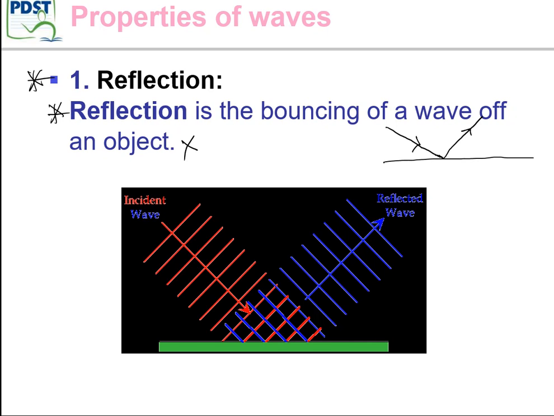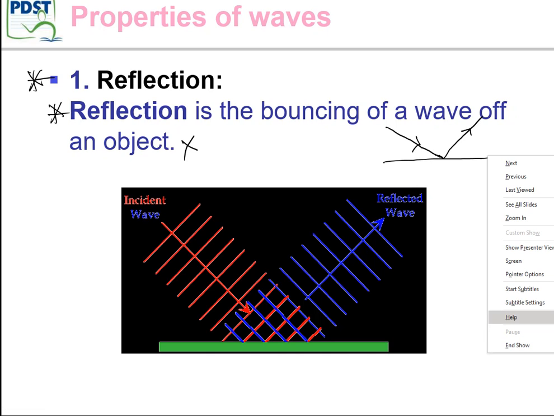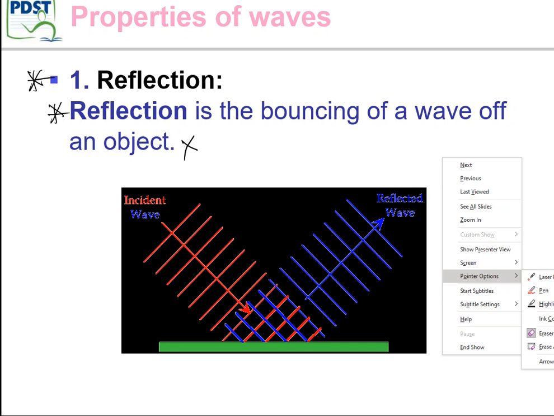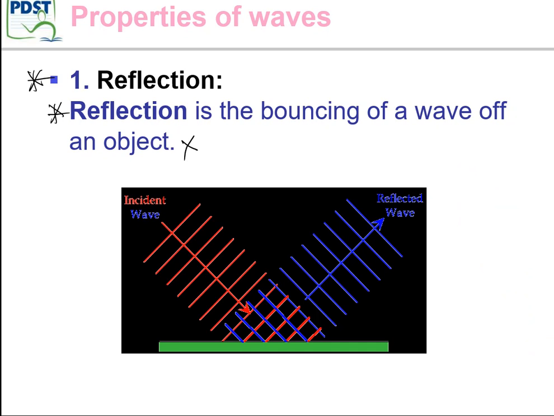Now, normally when presenting waves, we use what we call ray diagrams. So I'll show you what a ray diagram is. Let me just get rid of this one. If you talk about a water wave, let's take an example of a water wave and think about the ripples. So this is the source.